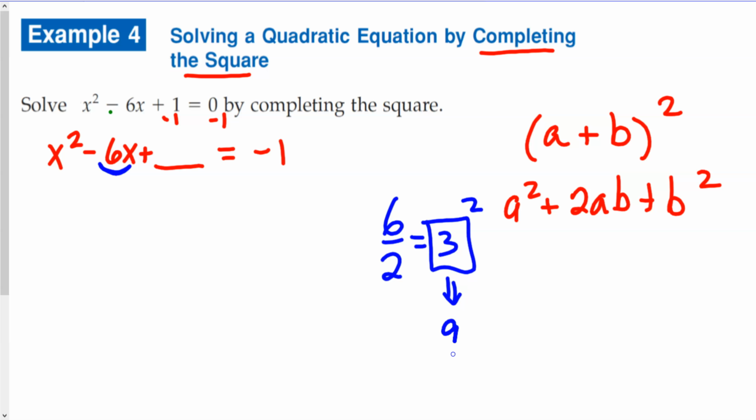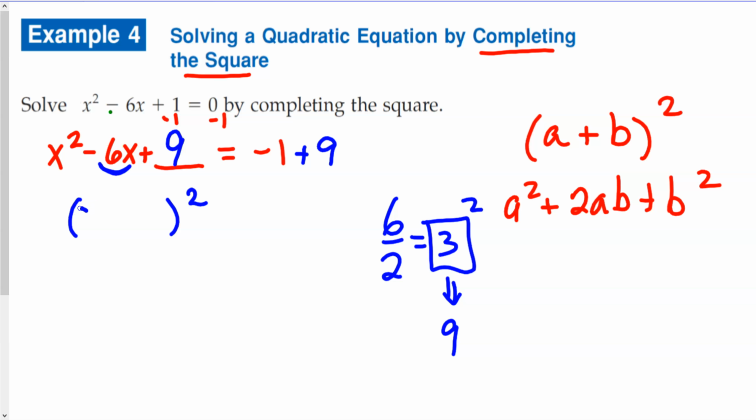3 squared is 9. So I'm going to add 9 to this side of the equation to make this side a perfect square. And if I add 9 to one side of an equation, I have to add 9 to the other side of the equation. Now, by adding that 9, what I've done is I've created an equation that's now a perfect square.